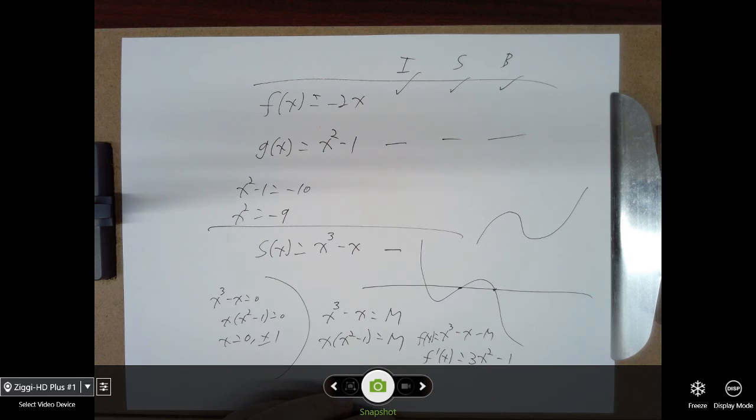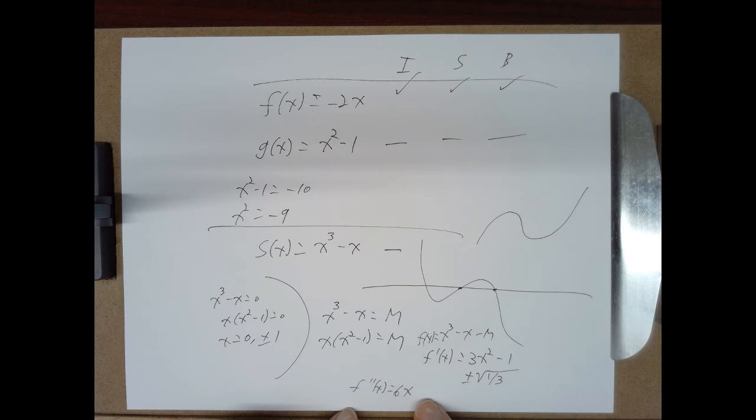And so that vanishes at exactly 2 points, right? Plus or minus the square root of 1/3, I think. And if you look at the second derivative, f double prime of x is 6x. So it's going to be positive at one of these, it's going to be negative at one of these.